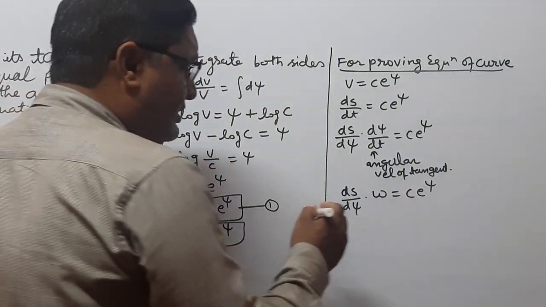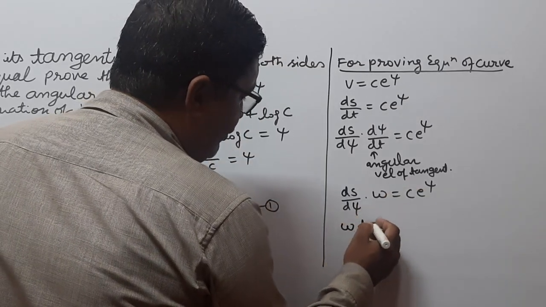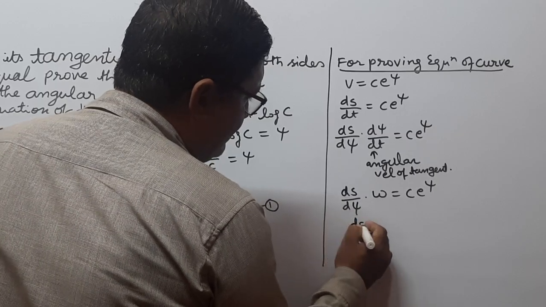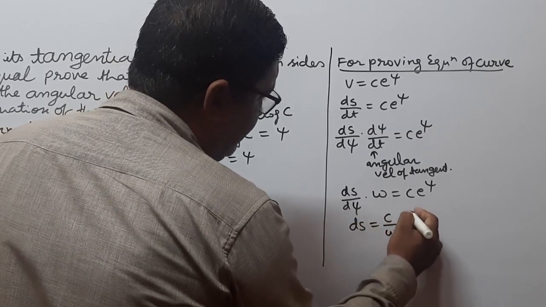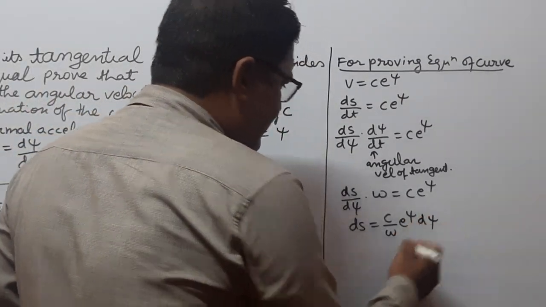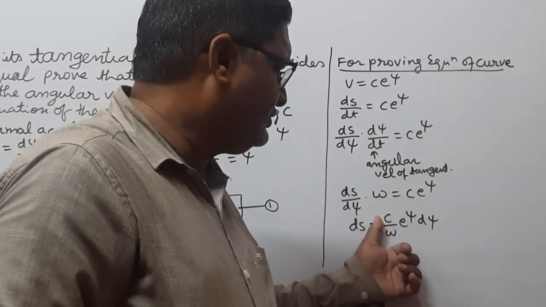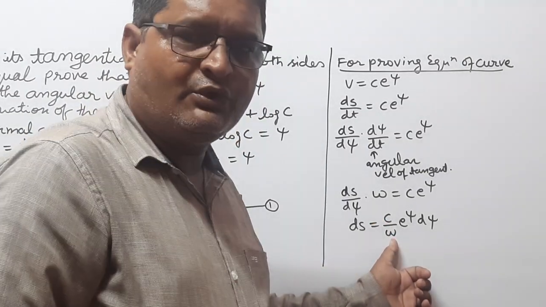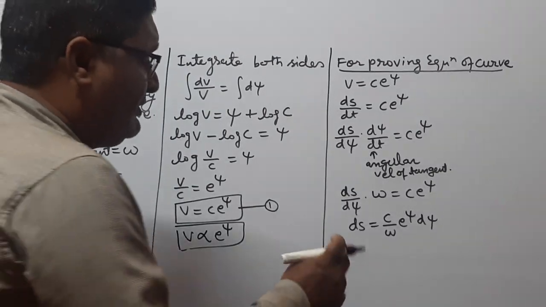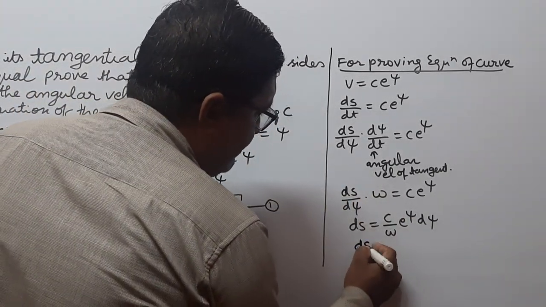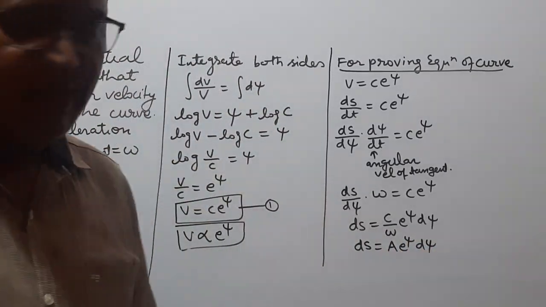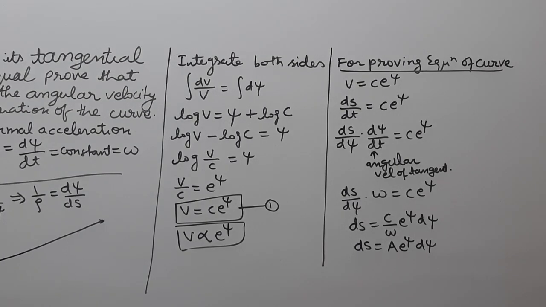Now this can be written as ds is equal to C upon omega e to the power psi d psi. We know that C is constant and omega is also constant, so C upon omega is also constant. We replace C upon omega by A, a constant. So ds is equal to A e to the power psi d psi.